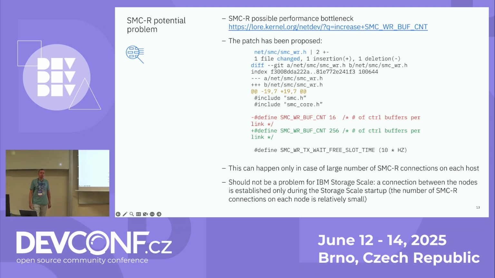This performance bottleneck in upstream SMC-R implementations can happen only in environments with a very large number of SMC-R connections, and I haven't seen it in our environment.